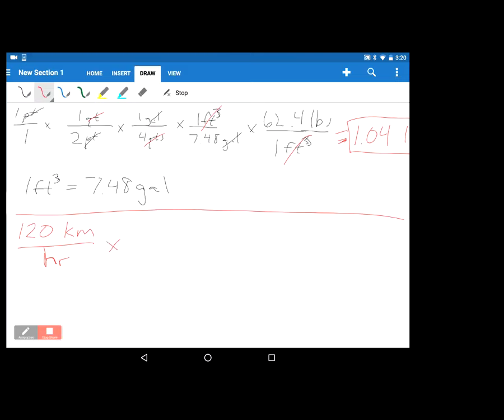So with units cancellation, I need kilometers down here so that they cancel. I'm given 1.61 kilometers per 1 mile. Okay, so kilometers cancel. I get 120 over 1.61 equals 74.53 miles per hour.